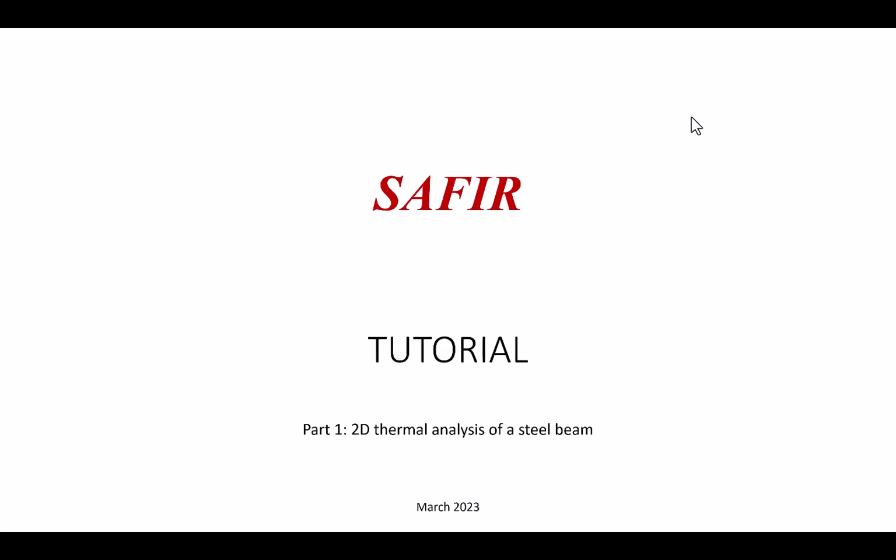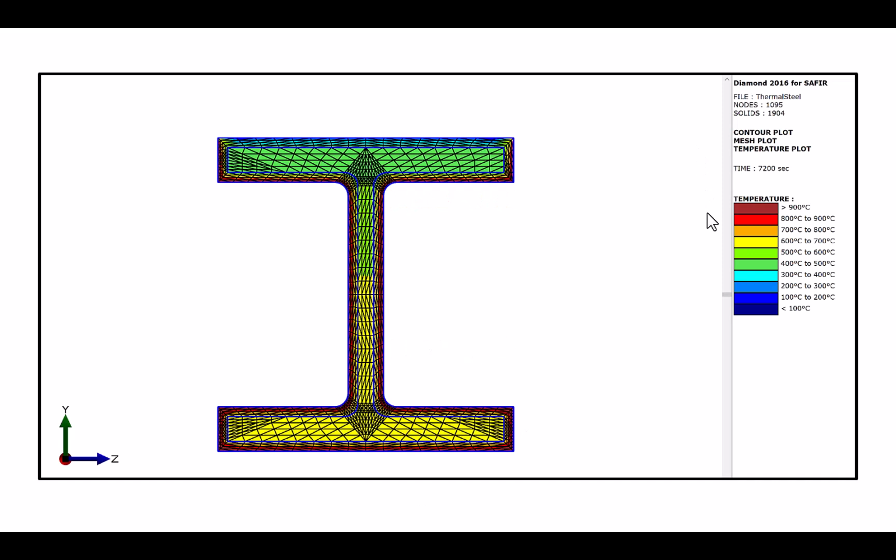This video describes the thermal analysis of a steel beam subjected to fire on three sides with the finite element software GmSAFIR. This slide shows the results that we will get at the end of the analysis. You see here a W-shaped steel cross-section protected with a sprayed fire-resistive material and heated on three sides due to fire exposure.